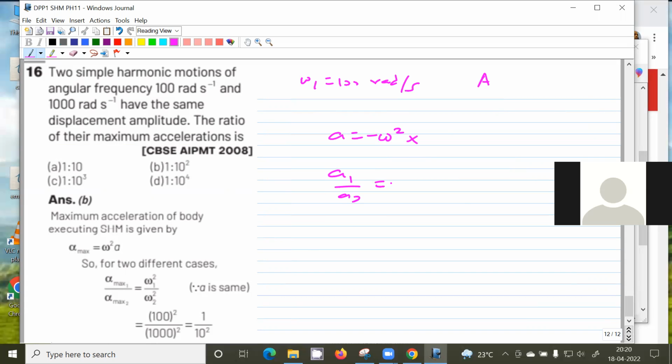So a1 by a2 is omega 1 by omega 2 whole square. 1 by 10 is 1 by 100. Done? Is it done? Yes, sir.